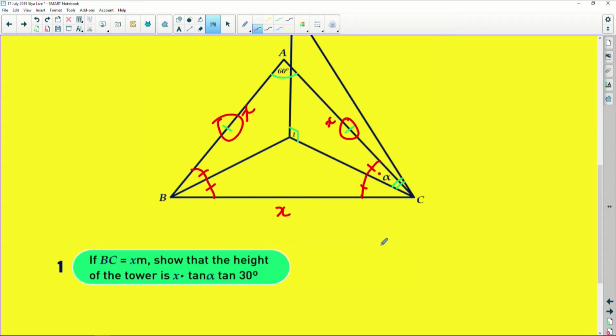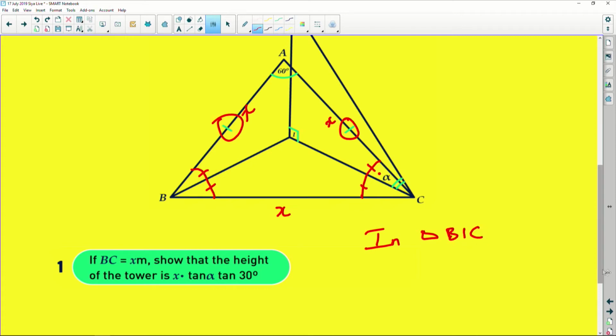If whatever you've hidden here is not the same as the height, then you must be sure that there's something you did not do right that you need to go back to do. So that's the approach I want you to be taking. So I will then say to you, in triangle, so I have triangle BIC.